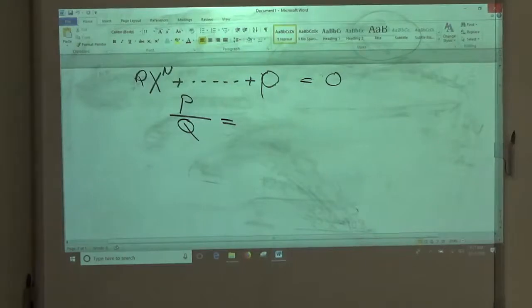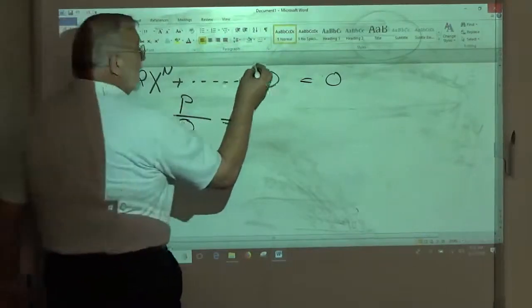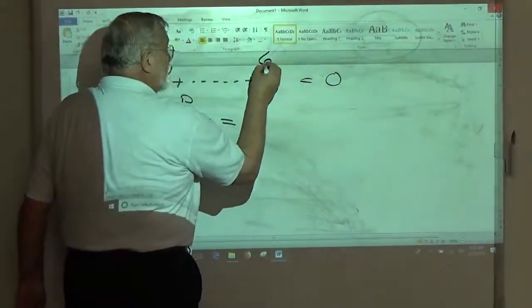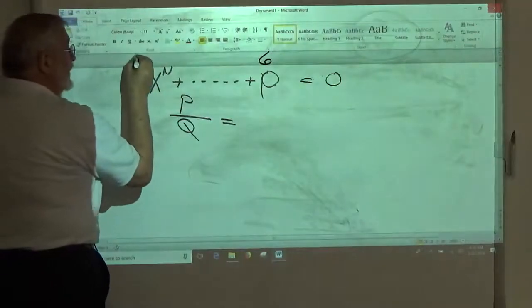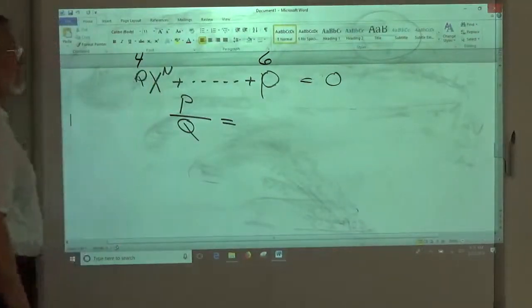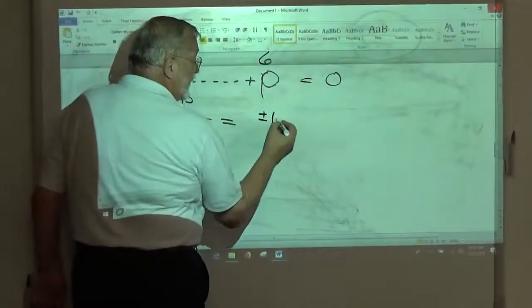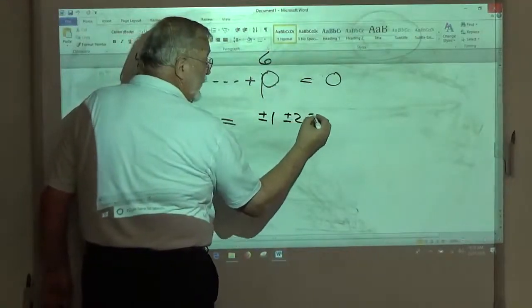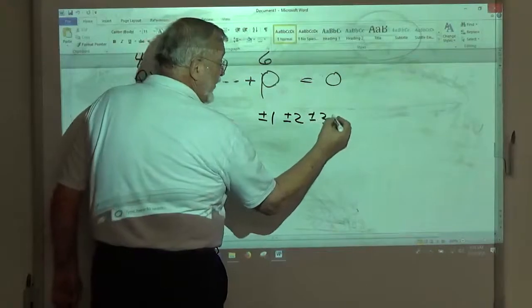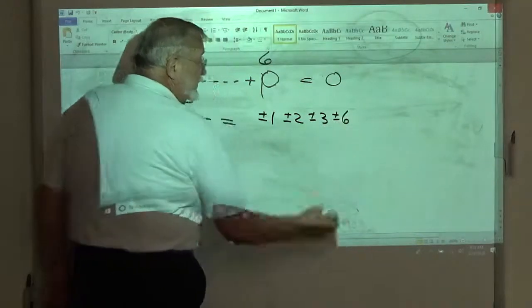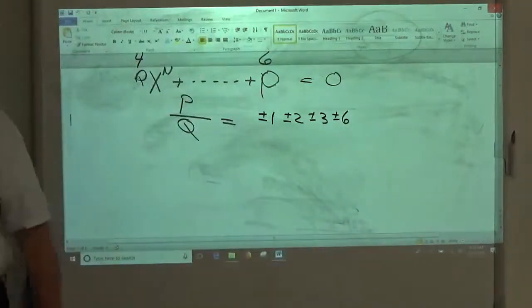Okay, now let's see what that means. Suppose that this is a 6 and this is a 4. All the factors of 6 are plus or minus 1, plus or minus 2, plus or minus 3, plus or minus 6. 1 times 6 and 2 times 3.